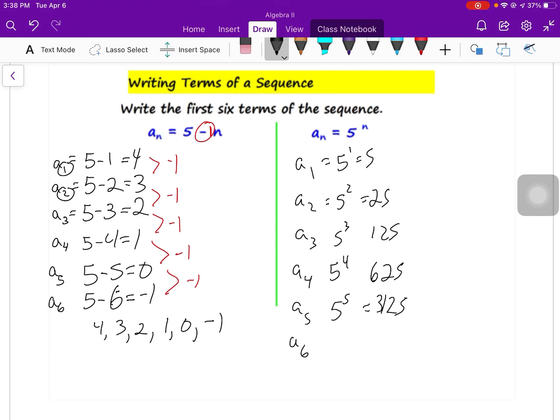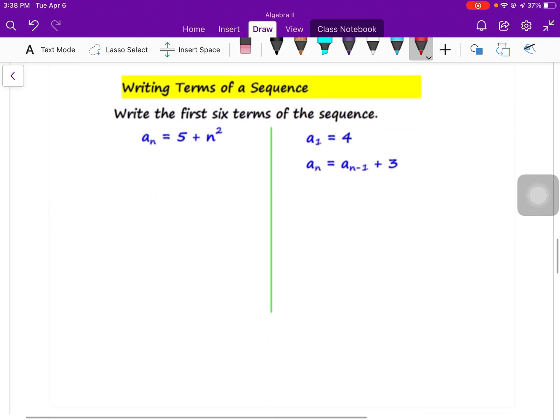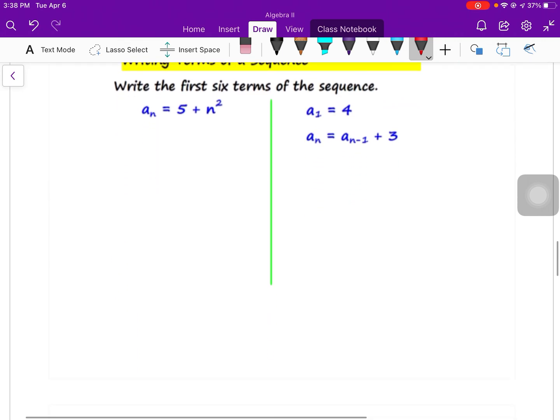So will you. 15,625. Okay, those would be 6 terms. Well, you look at this, it's 5 times 5 times 5 and times 5. It's exponential growth, just like we just got done studying. So that one's called geometric, and we'll get to that one a little bit more too. All right, the first 6 terms.